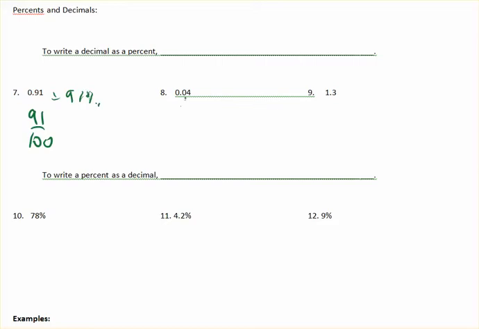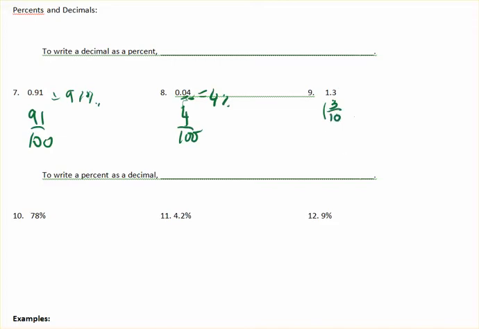For the second one, again, if we write this as a fraction or if we say it, it's 4 hundredths: tenths, and then hundredths. Again, what is 4 hundredths? It is 4%. The last one is a little bit neat to see. So 1.3 is 1 3/10, right?